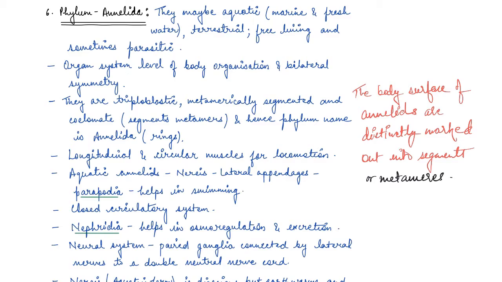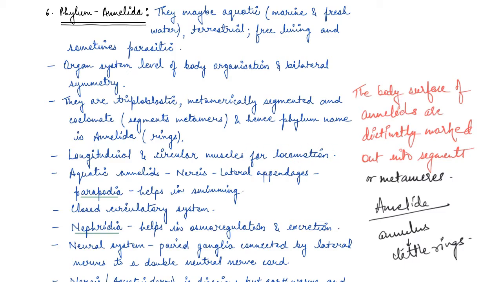And this is why their name is Annelida. So what does Annelida basically mean? If you break it down, it means annulus, which means little rings. Now they have longitudinal and circular muscles for locomotion.